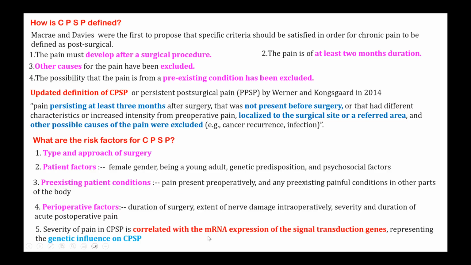These correlate with the messenger RNA expression of the signal transduction genes, representing genetic influence on CPSP. So in patients who are genetically prone to more pain, they found that the messenger RNA expression in signal transduction, that is, the conversion of painful stimulus into a pain signal, is much more aggressive, and that is why it persists for a long time.